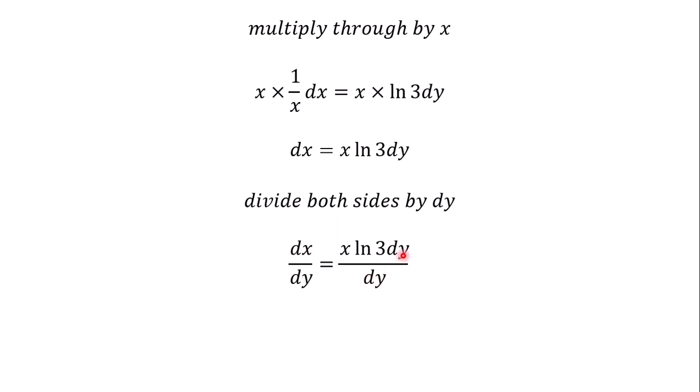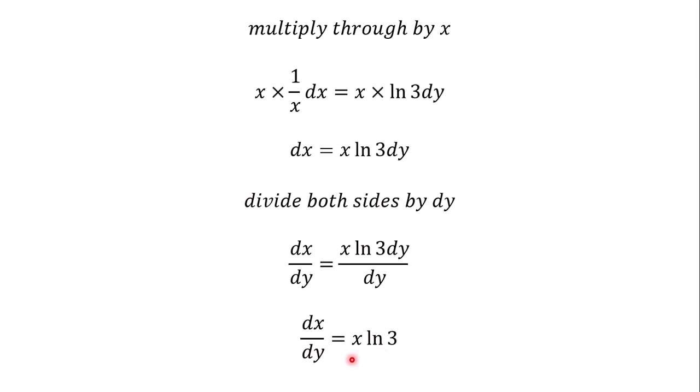Now here, this and this will cancel out and it will be left with x ln3. So when we divide both sides by dy, we are going to get dx over dy is equal to x ln3.